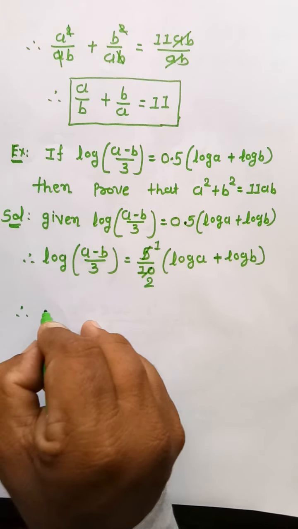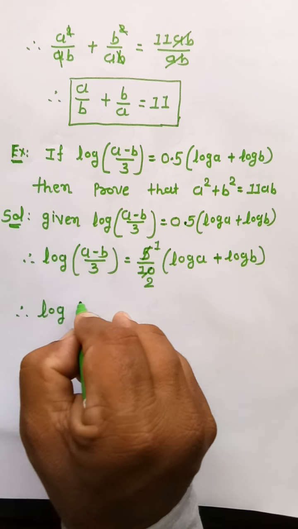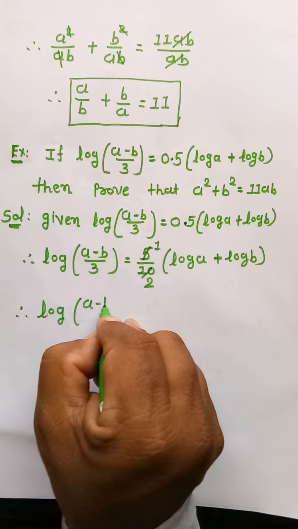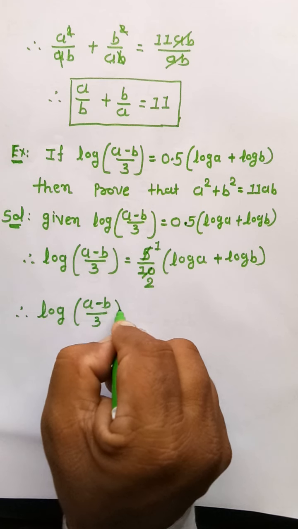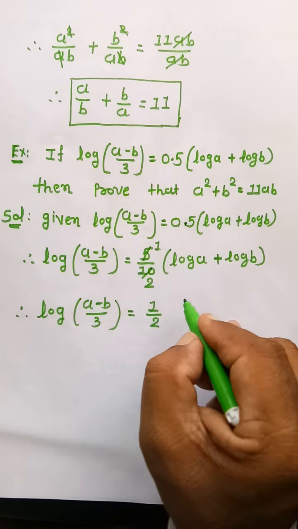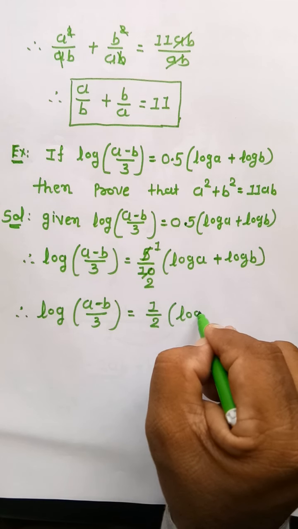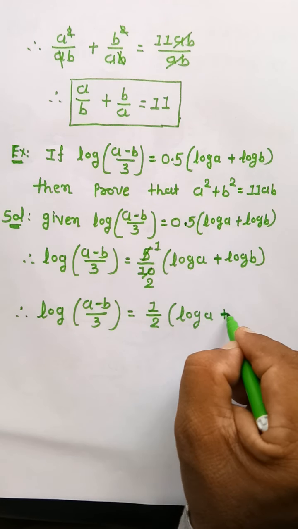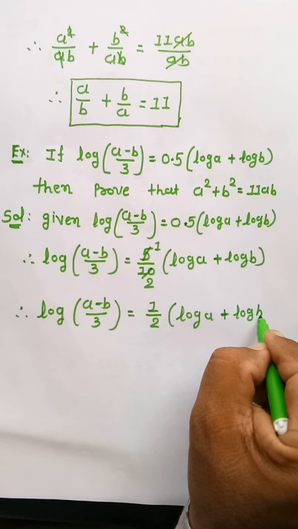So here log (a minus b) by 3 is equal to 1 by 2 brackets mein log a plus log b.